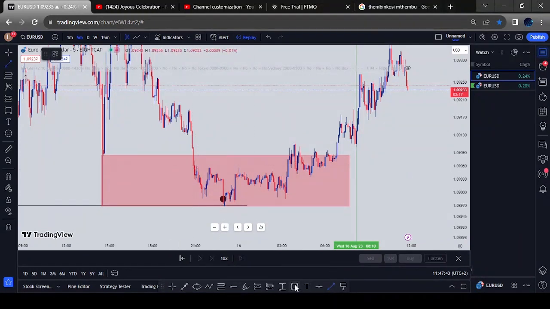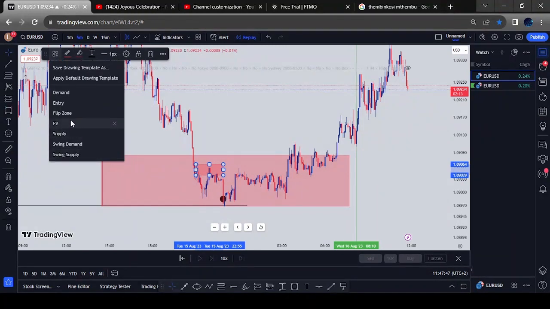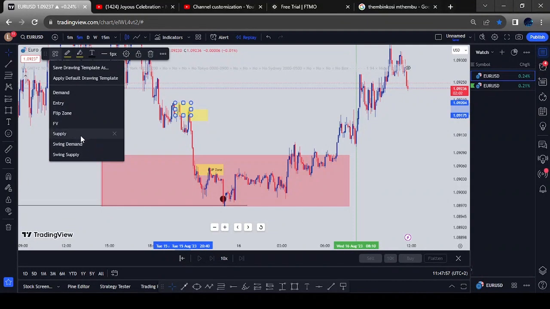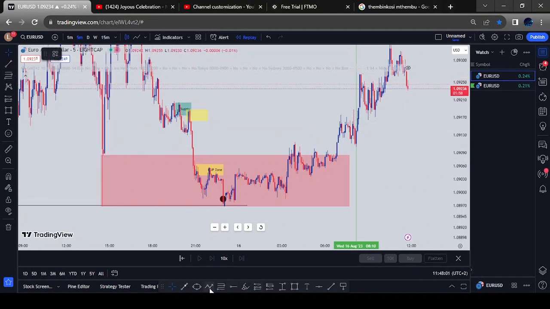I saw price flipping here. I marked this. So price was coming in down here through supply zones, just to show you what was happening. Supply was in control as the market was pushing to the downside here. Supply was in control of this particular market.